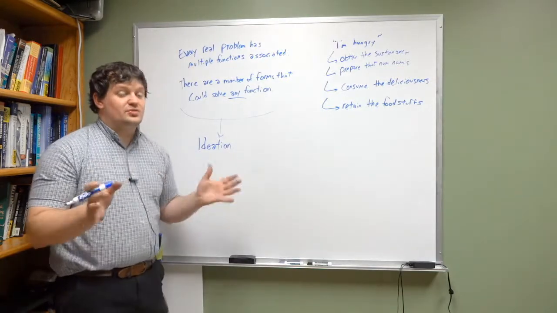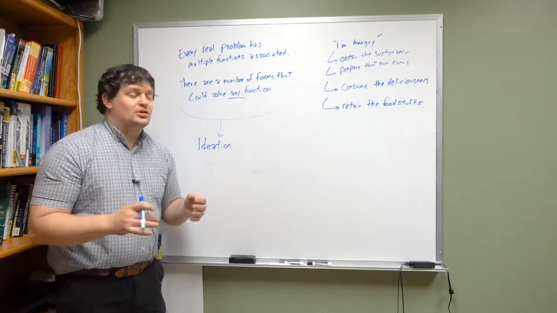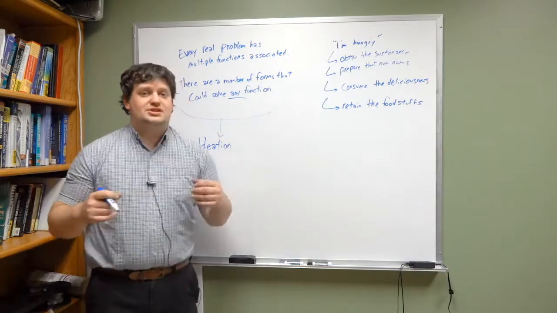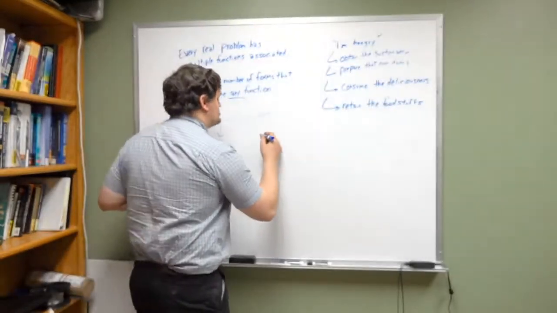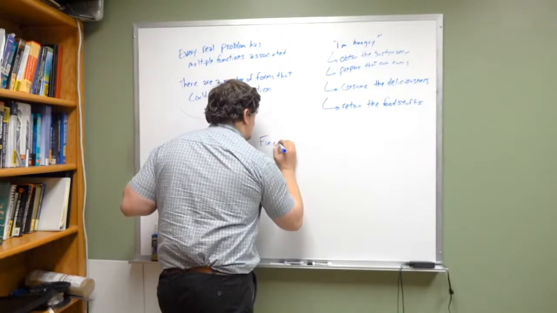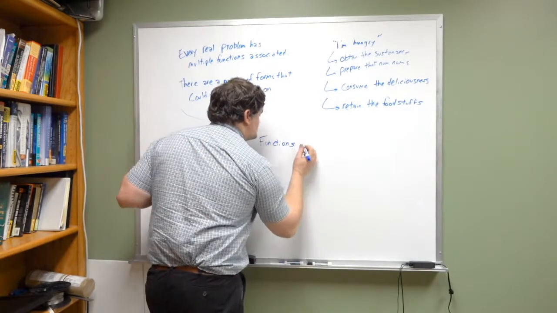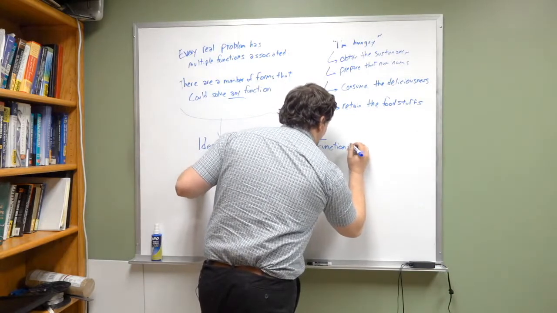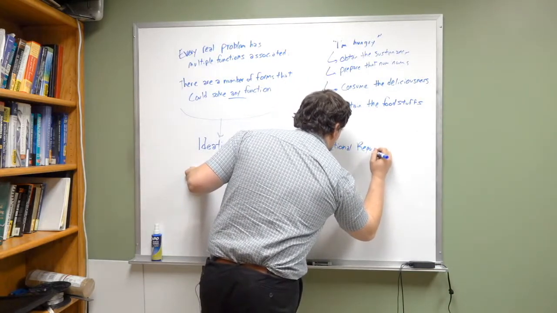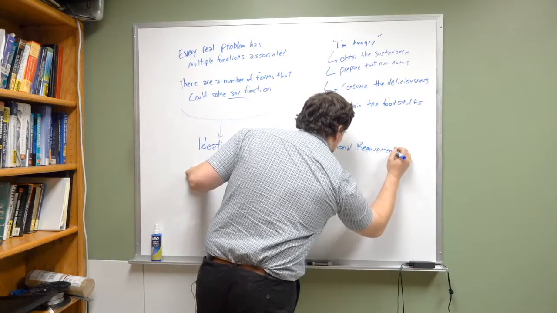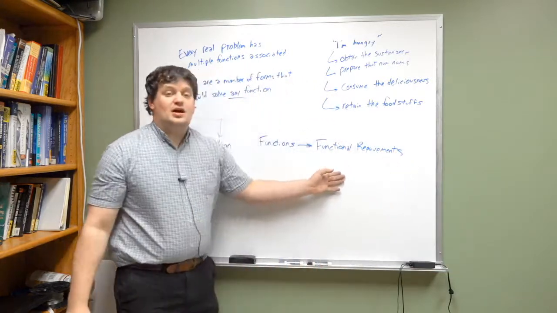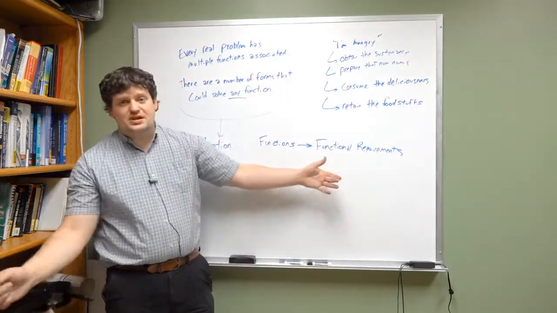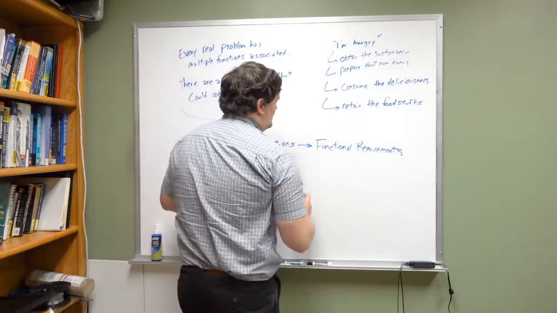Okay, so in recap for this lecture, in order for you to understand the solution, you have to understand the functions. Okay? The functions drive the functional requirements. Because some functions are not necessary for an object, sometimes they're just measures of quality.